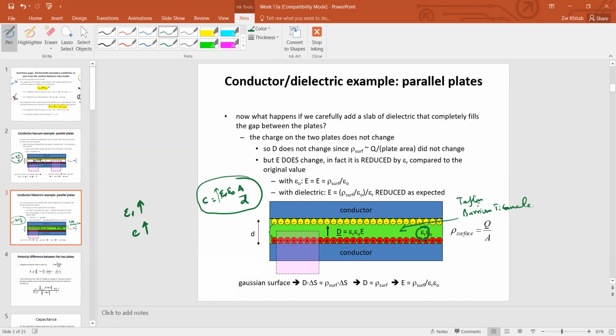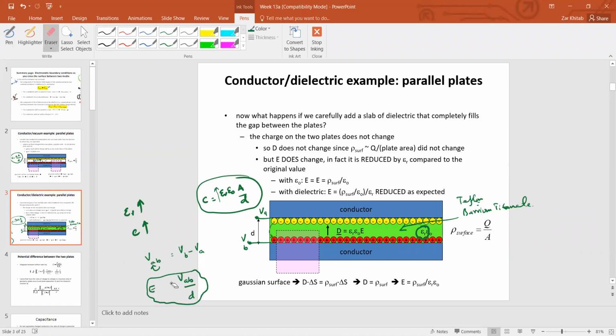Always remember there will be some voltage VA here and some voltage VB here, and VA minus VB is VAB. VAB divided by d gives you the electric field. If this electric field gets a high enough value, breakdown may occur.